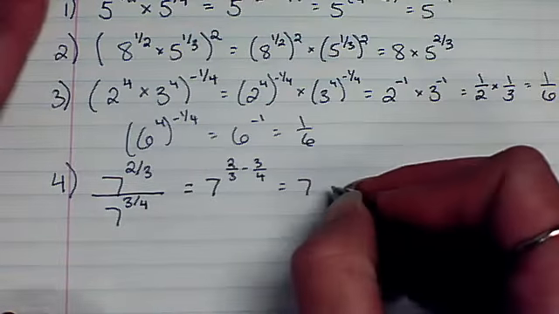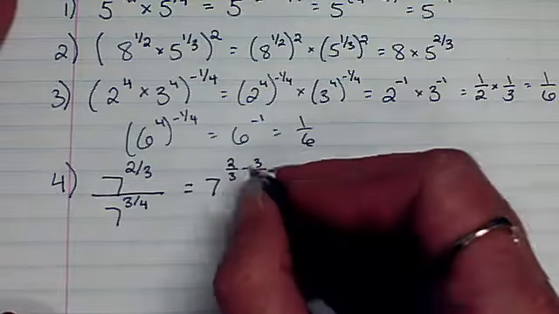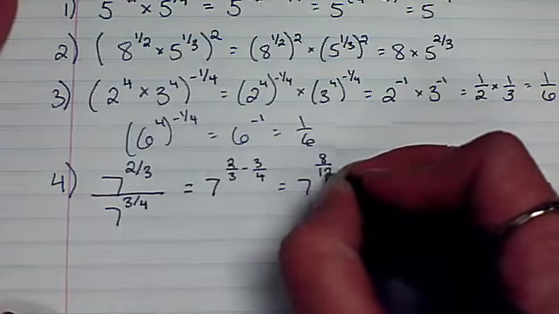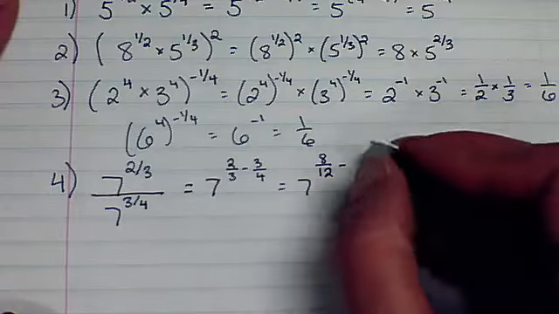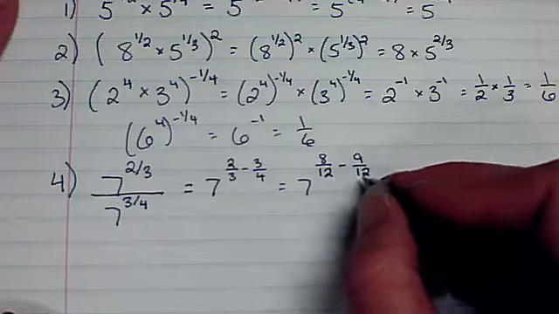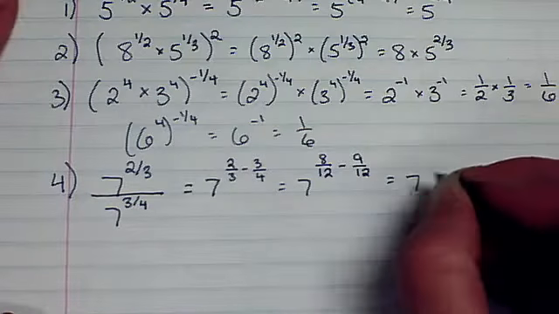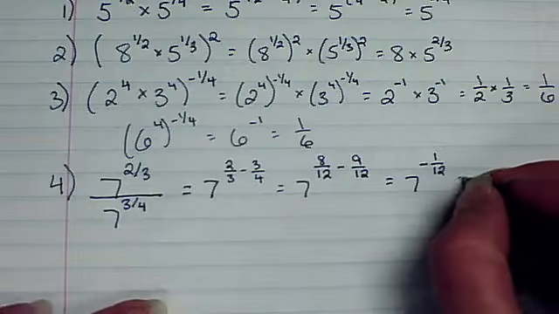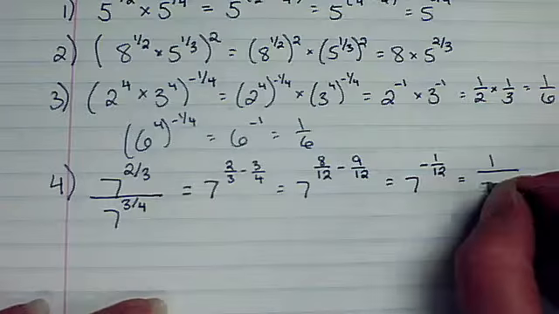So let's use 12. If I'm going to use 12, I need to multiply the numerator and denominator by 4. That's 8/12. Numerator and denominator by 3, that's 9/12. 8/12 minus 9/12 is going to give me 7 to the negative 1/12, or 1 over 7 to the 1/12.